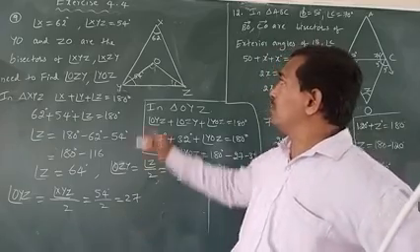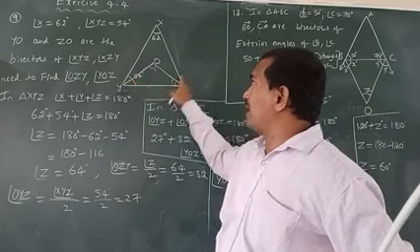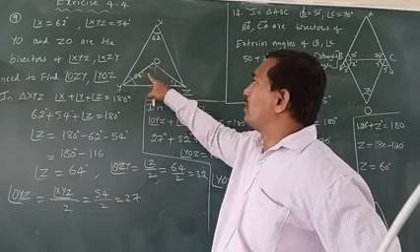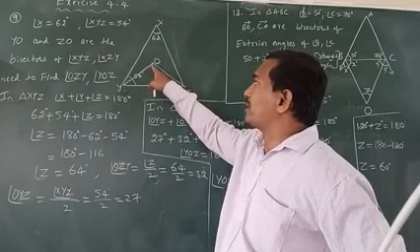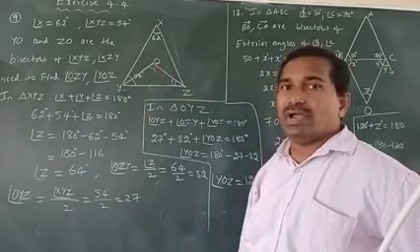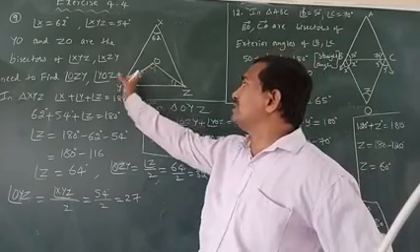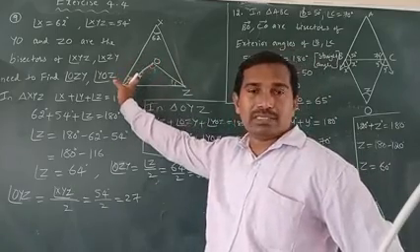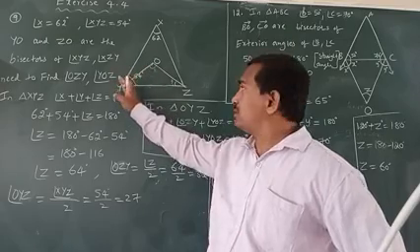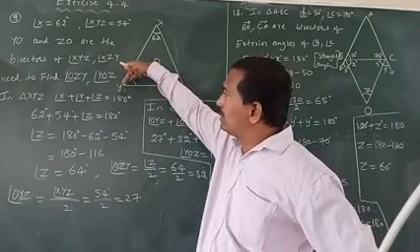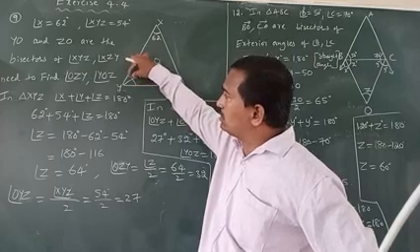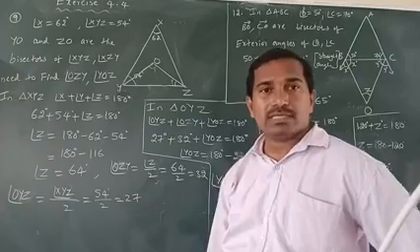See children, in this big triangle, these two angles are given. So we have to find, in this triangle, angle XOY and OZY. To find this, see, this is the bisector. Bisector means it divides the angle into two equal parts. So this line divides this 54 degrees angle into two equal parts, so that is 27.